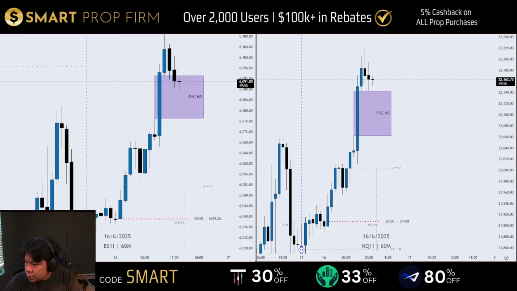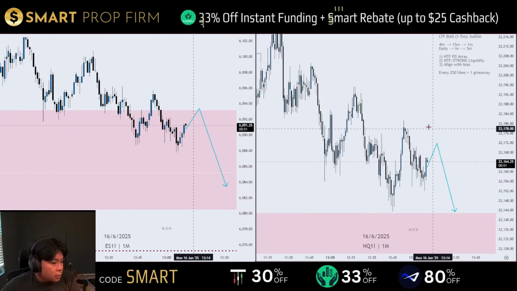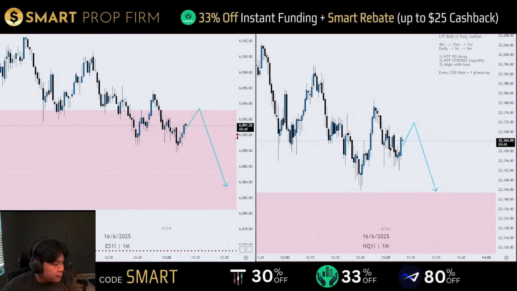I'm gonna post on Discord for those who are not on, so they can see that we're looking for shorts.